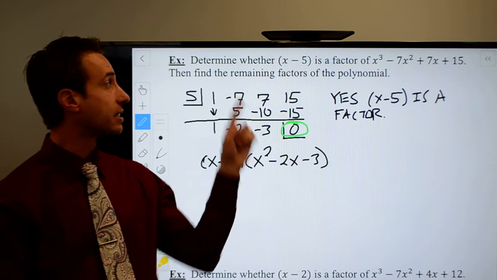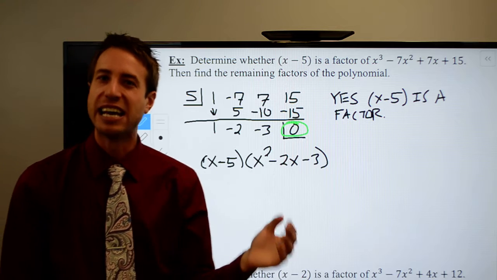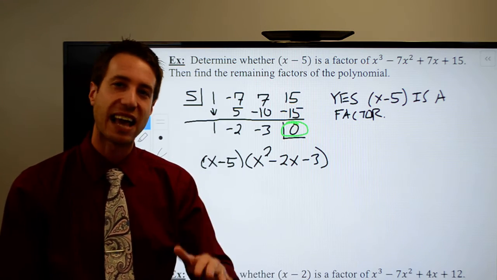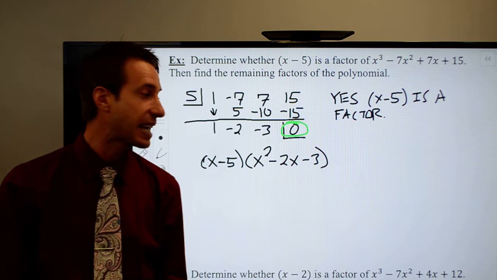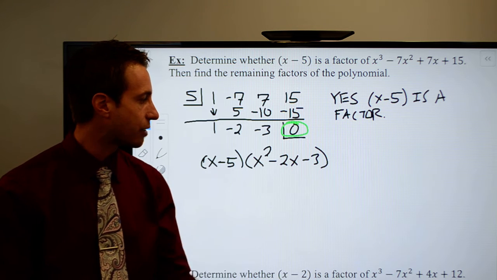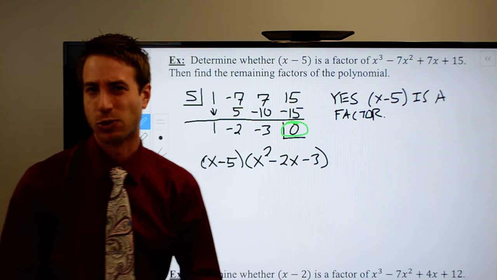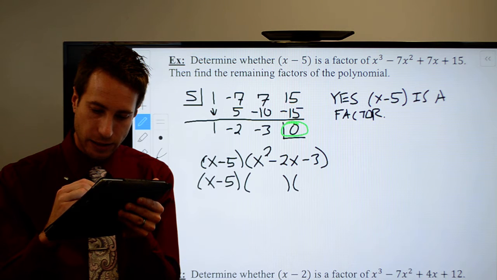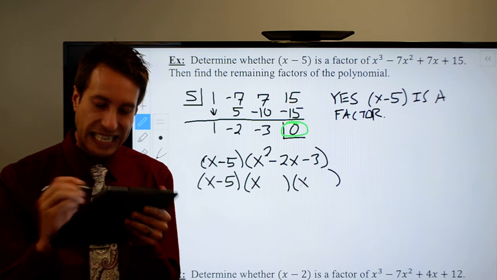Now what I need to do, to find the remaining factors, is go back to section 5, run through that list of 7 factoring techniques that we gave you to go ahead and factor this trinomial. Actually, this one's really easy. It'll factor into 2 binomials. There's the easy bit.